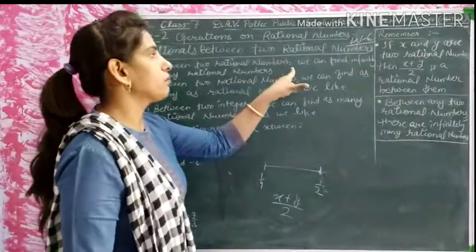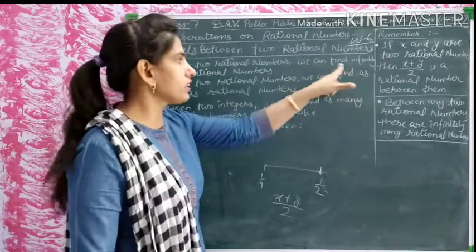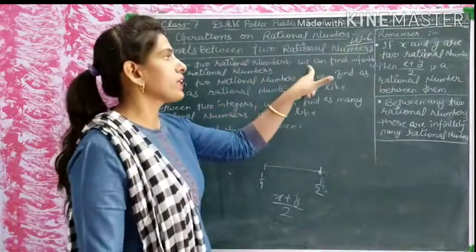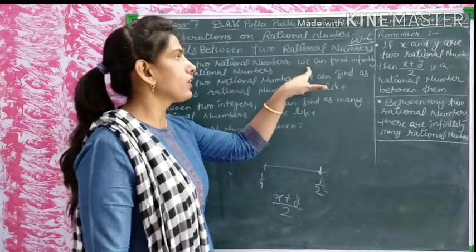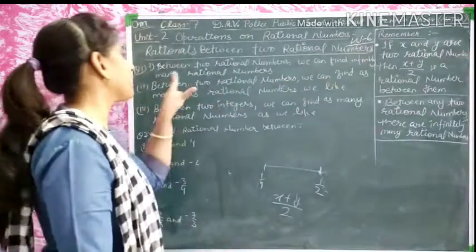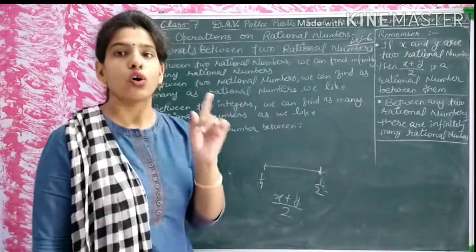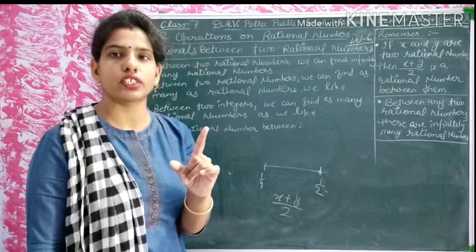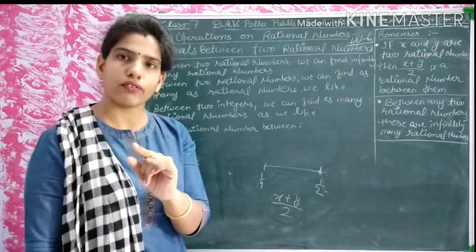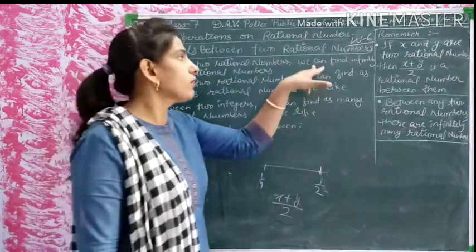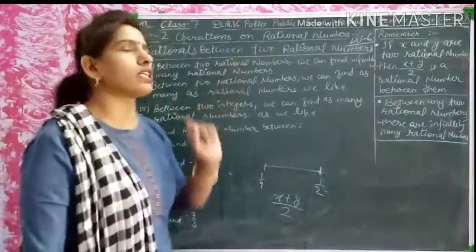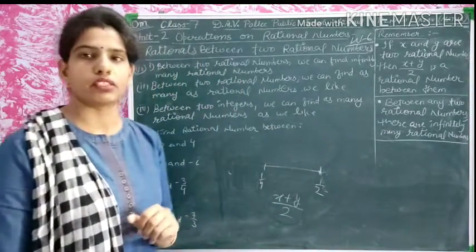Between two rational numbers, correct this statement. This statement is wrong here, so we will correct it: we can find infinitely many rational numbers. Can we find only one rational number, as given in the question? No, because we can find infinitely many rational numbers between two rational numbers. Is this clear?